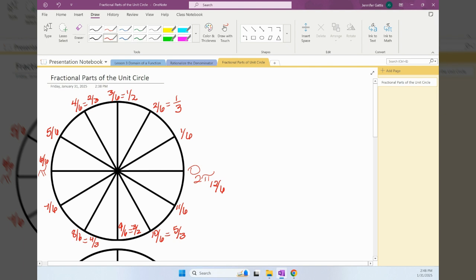Okay? So this is where, when we're talking about fractional parts of the circle, the lower hemisphere of that circle comes from. We're talking about splitting up the top half of the circle into 6 equal pieces. And when we think about that, the first pi piece is 1/6.